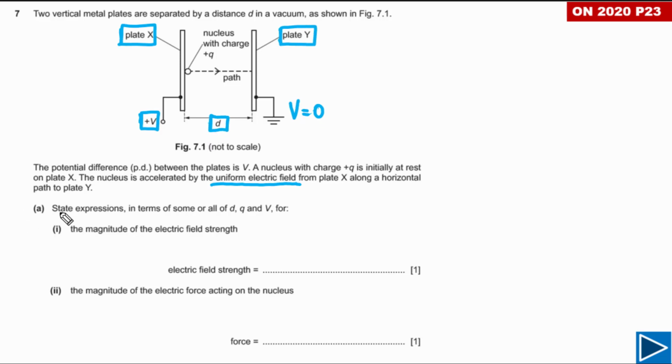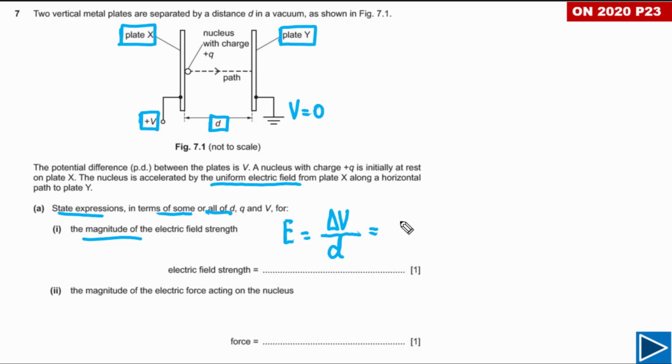Part A is asking us to state an expression in terms of some or all of d, q and V for the magnitude of the electric field. Electric field simply means the capital E. This is equal to the potential difference between 2 points, in this case between 2 plates, divided by the distance between the 2 plates.